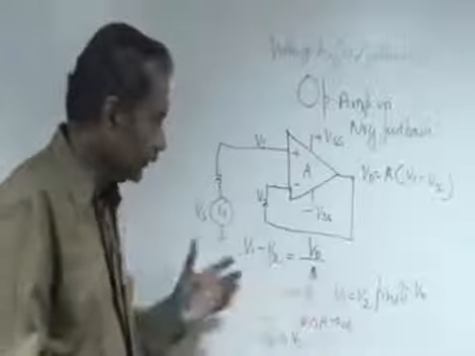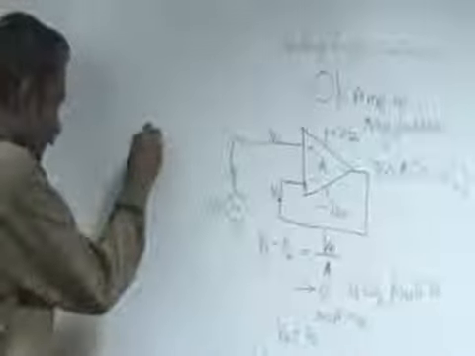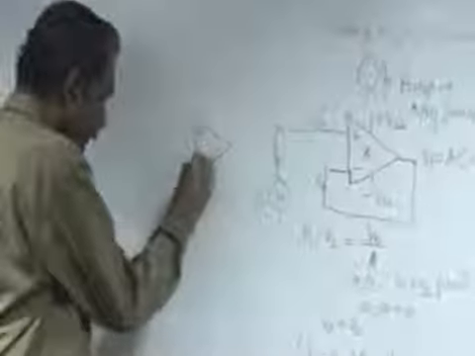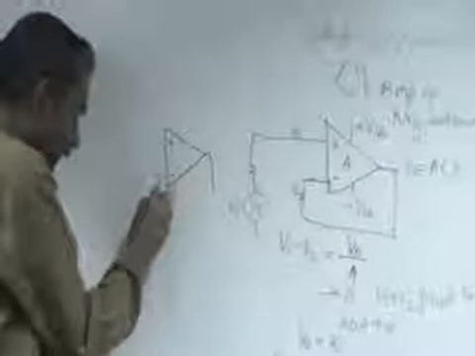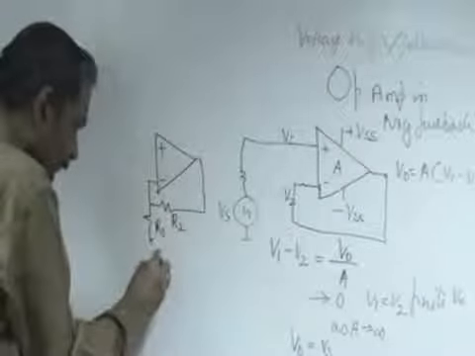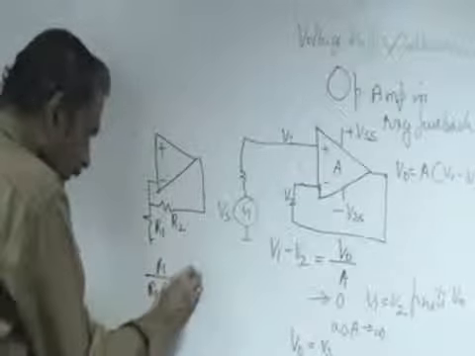Now the extension to non-unity gain, that is higher gain amplifier, non-inverting, is very simple. Instead of the full feedback, we are now giving partial feedback. Put an attenuator in the loop, and that attenuation is R1 by R1 plus R2. Let us call this beta.